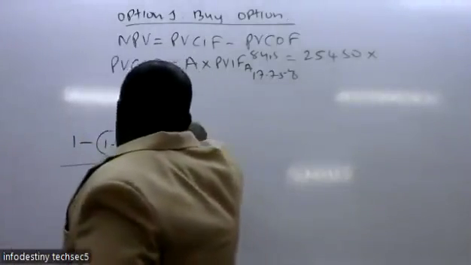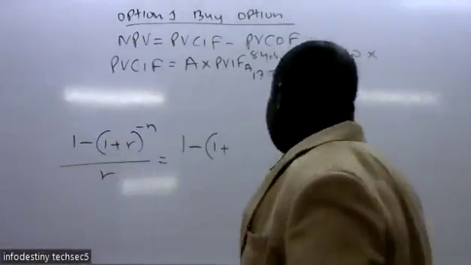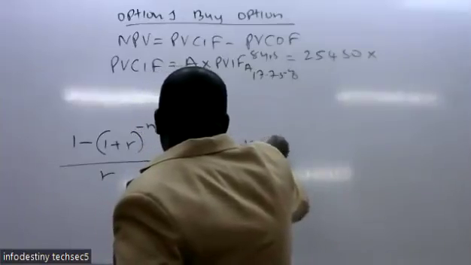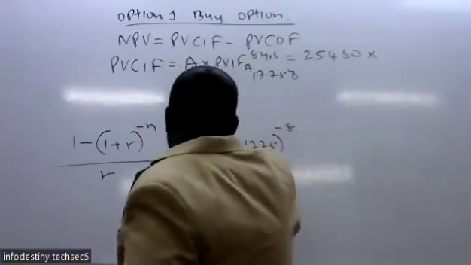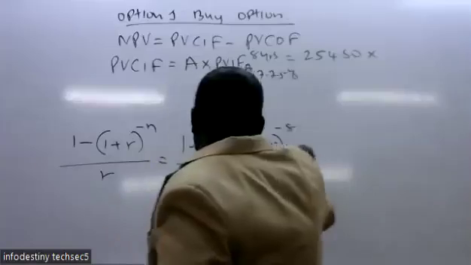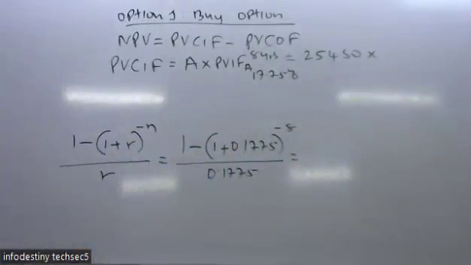So it will be 1 minus, where r is 17.75, that is 0.1775, raised to the power of negative 8, divided by 0.1775. That figure, remember to round it off to 4 decimal places.